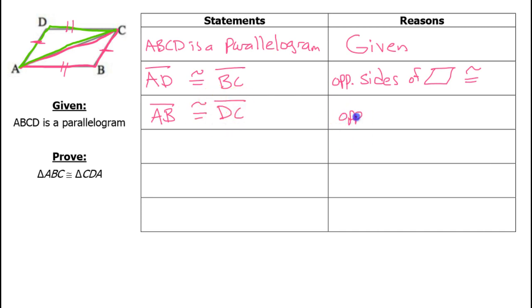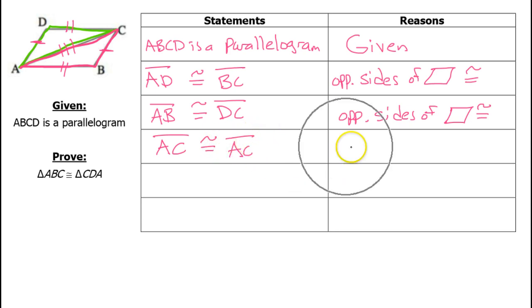And again, that's because opposite sides of a parallelogram are congruent. Now of course I can then say that AC is congruent to AC because that is the shared side, and that will be the reflexive property.